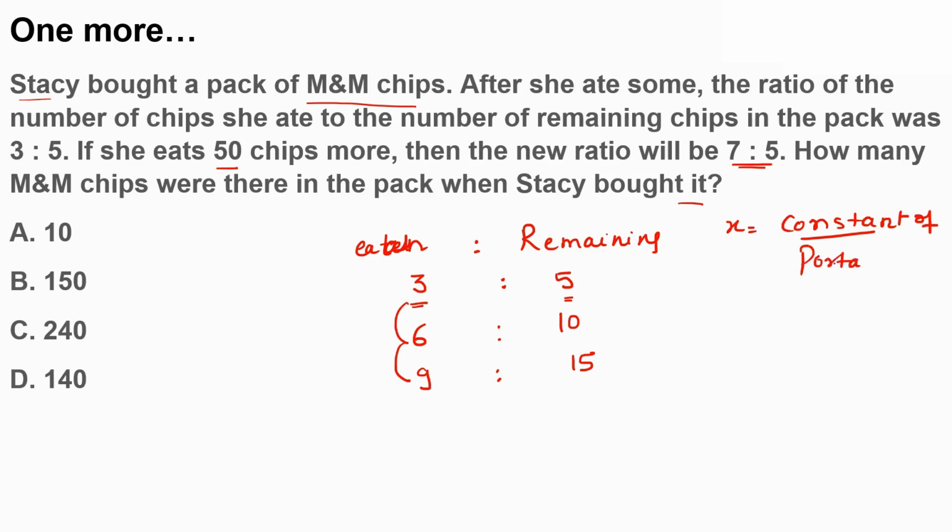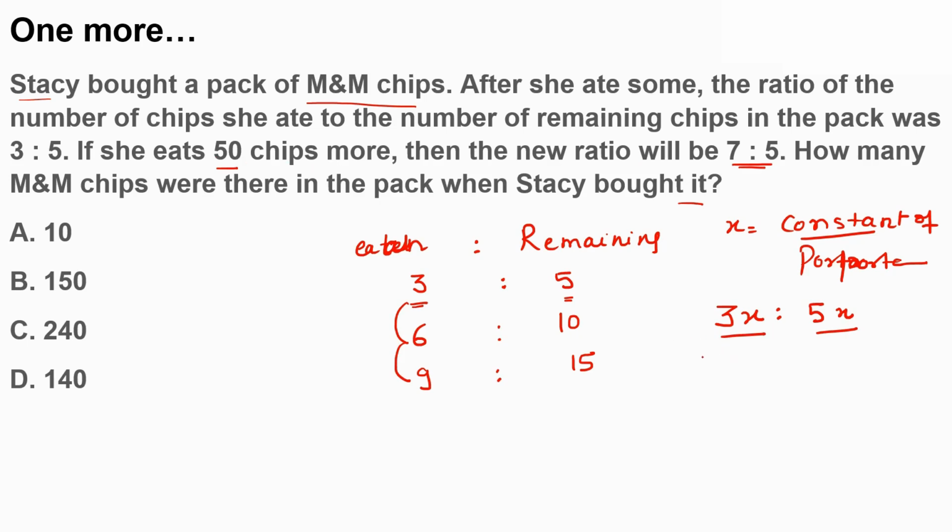Generally, it is used in proportionality. So it means my eaten parts are 3x and my remaining parts are 5x. I have eaten 3x chips and I'm remaining with 5x chips. Now they are saying she eats 50 chips more.